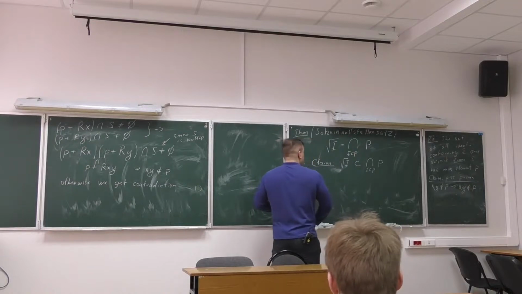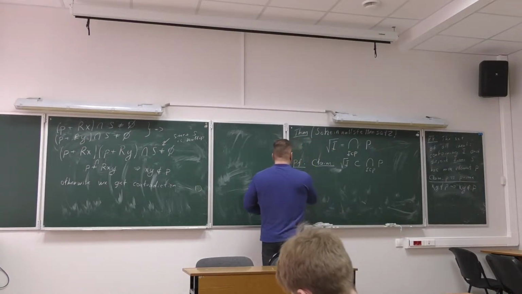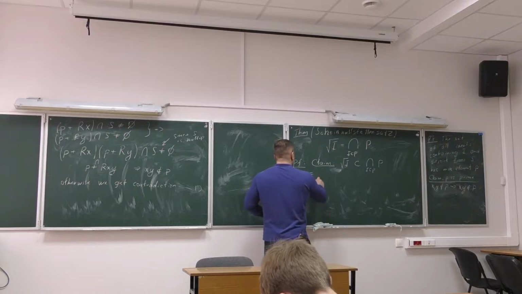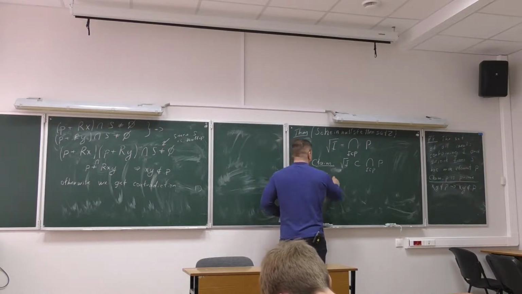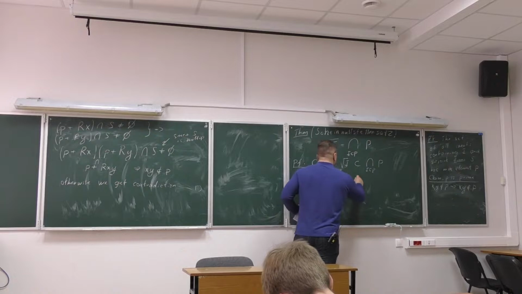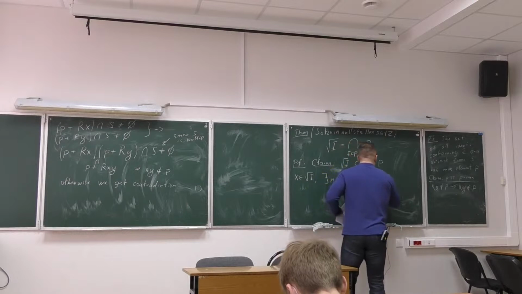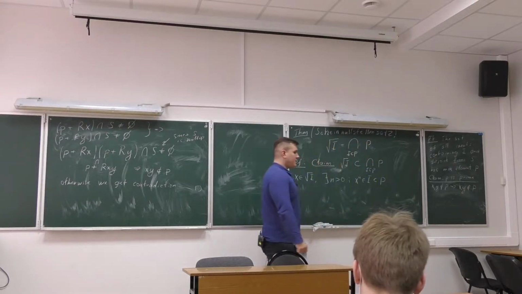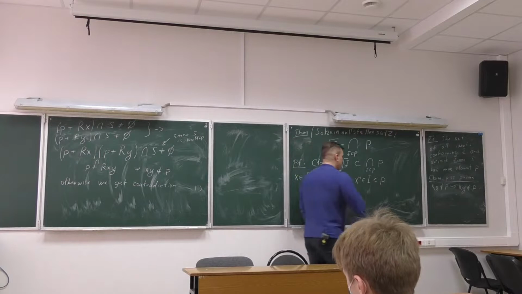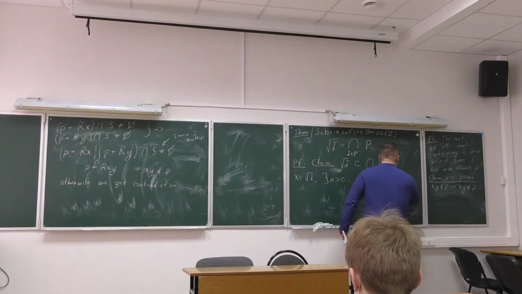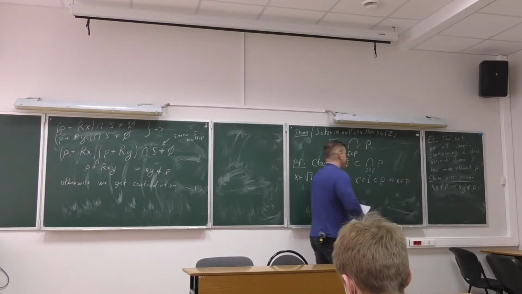Suppose I have x in the radical of this ideal, so it means that there is some power n such that x to the n belongs to the ideal I. Now, if I assume that this ideal I is contained in some prime ideal P, I can conclude that actually x is contained in this prime ideal.